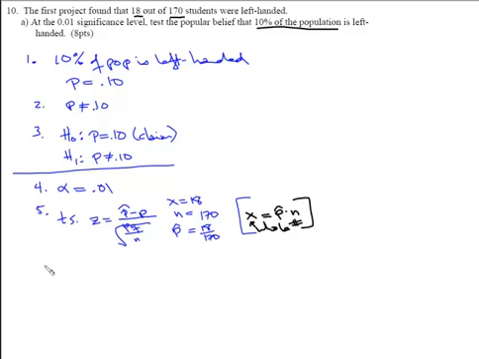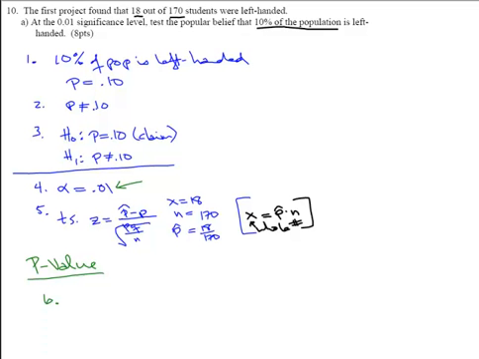Alright, we're going to use a p-value method. So in the p-value method, we don't need any drawings. We don't need to look up at our table and try to find our critical values. All we need is the p-value and your significance level.